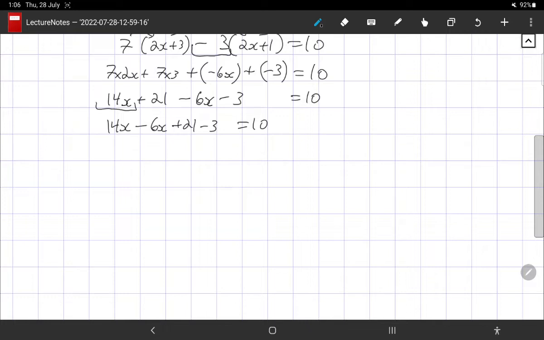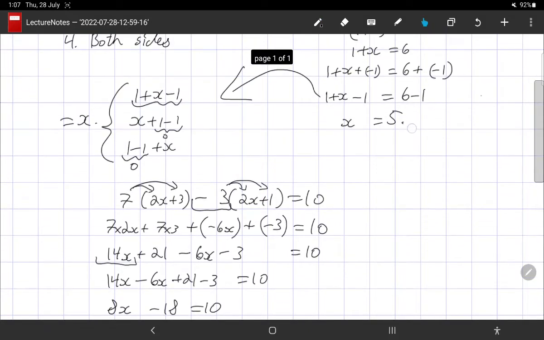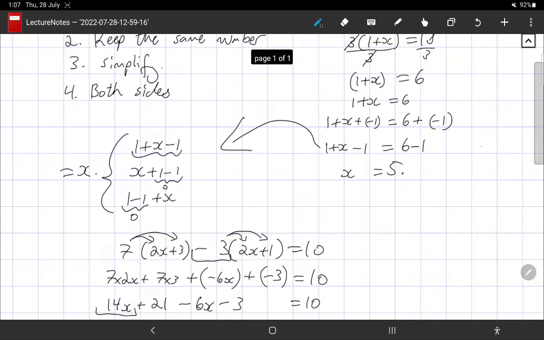Well, if I have 14 x's and I take 6 of those away, I now have 8 x's. And if I have 21 of something and I take away 3, I now have 18 of that value. 10. Now we are at a very similar stage to what we had here.